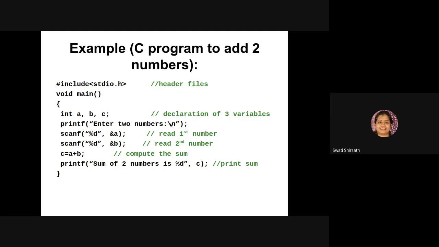But now as \n is written here, it will print "enter two numbers" and colon on the screen, and as it encounters this \n, it knows that it has to go to a new line. It will go to the new line, and there below it will start blinking on the console, and there you can enter your first number and second number.